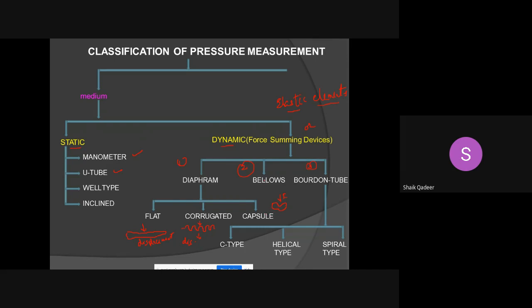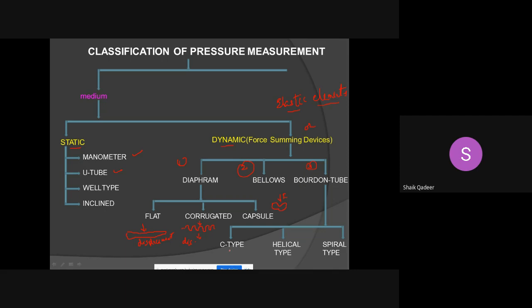Okay, bellows. Bellows is like a balloon, right? Whose one side is open and another side is closed. On the open side, force is applied. On the closed side, the displacement is created. Bourdon tube is like a tube, like our bike tube or vehicle tube, cycle tube, whatever it may be.